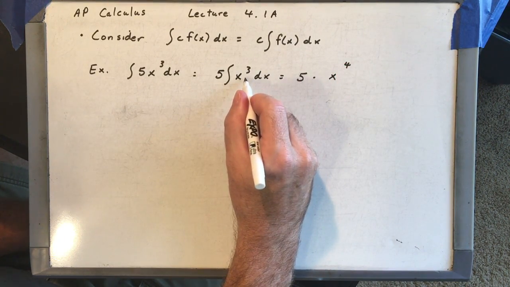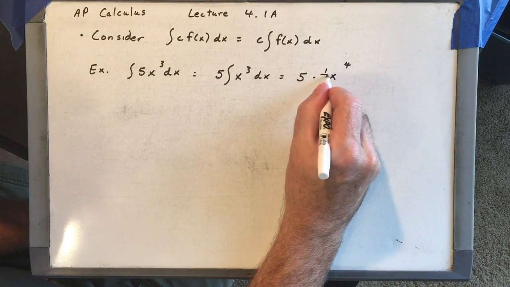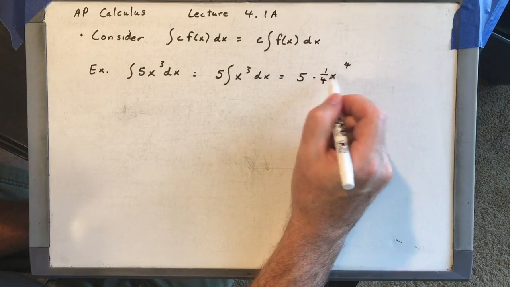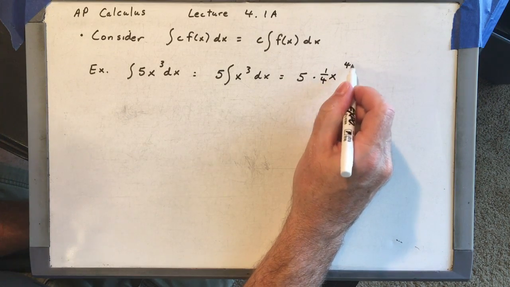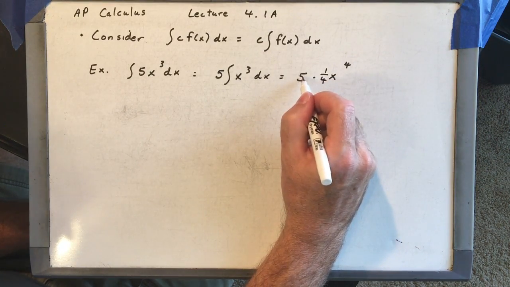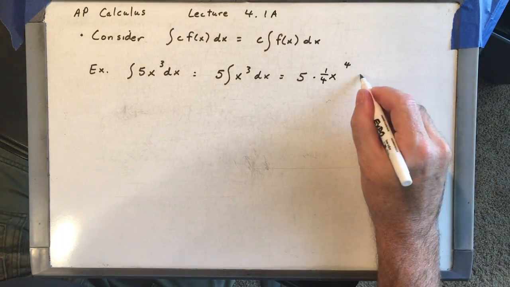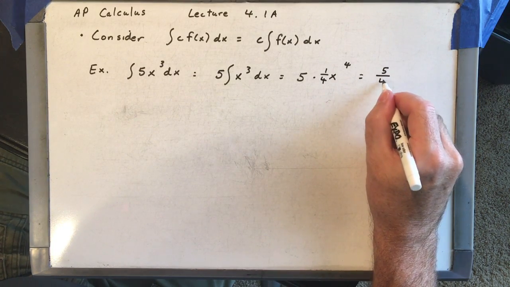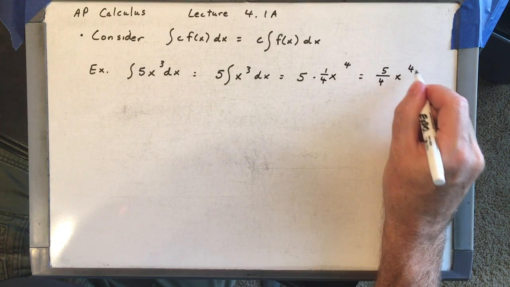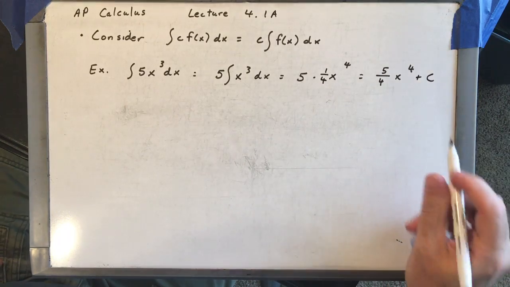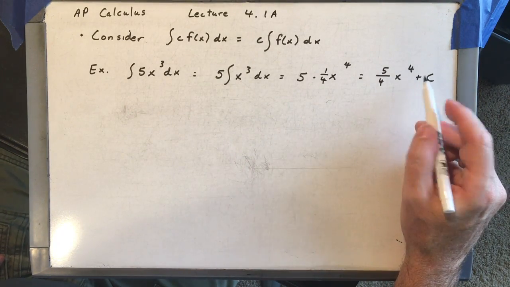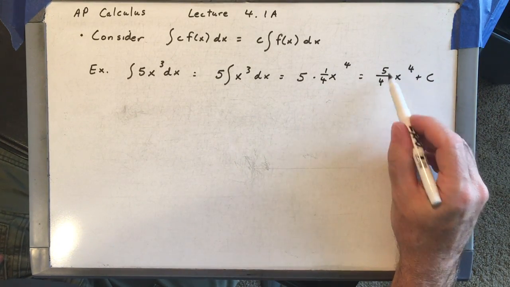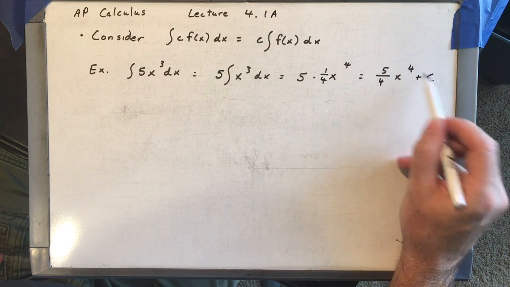We're taking the antiderivative, and we need a 1/4 out front. 4 times a 4th is just 1, and then x cubed. And then I just multiply all that by 5. So that would be 5/4 x to the 4th plus c, our constant of integration. You could check it. Take the derivative. 4 times 5/4 is 5x cubed. Subtract 1.